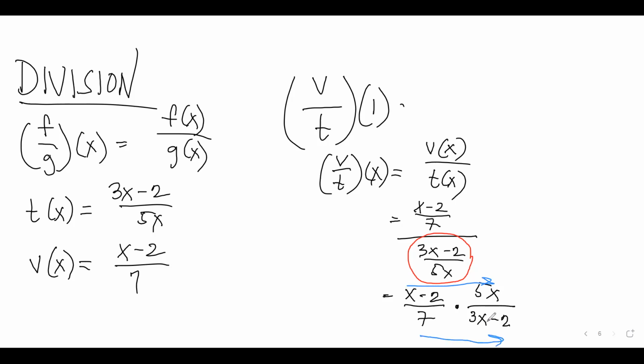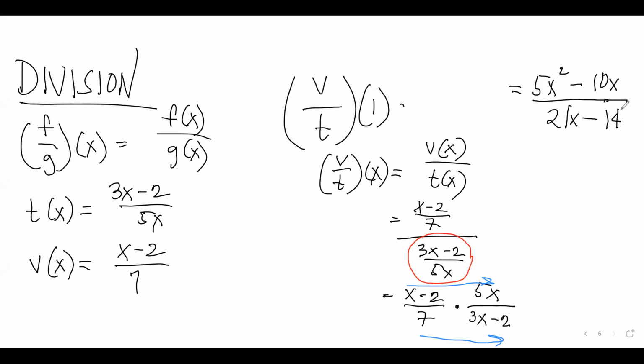Okay? So, x times 5x is ilan? So, x times 5x is 5x squared. Tapos, negative 2 times 5x, that would be negative 10x. Over 7 times 3x, 21x, minus 7 times negative 2, that would be 14. Pwede bang i-lowest term?